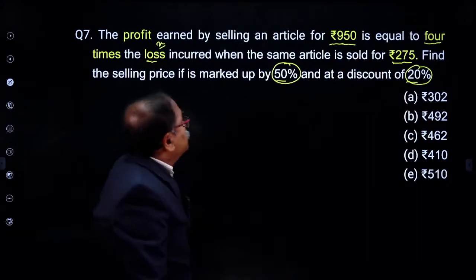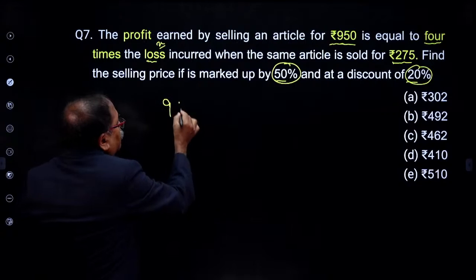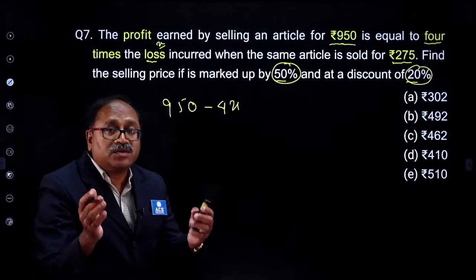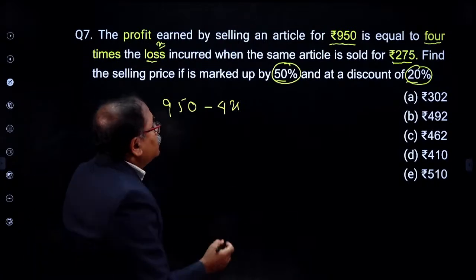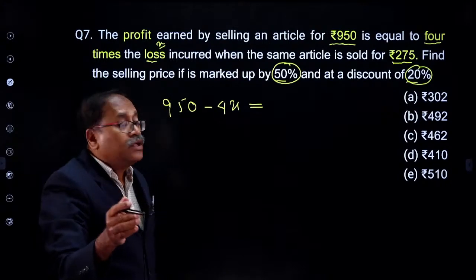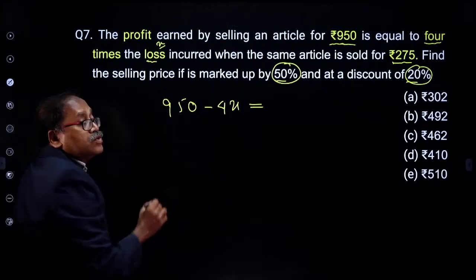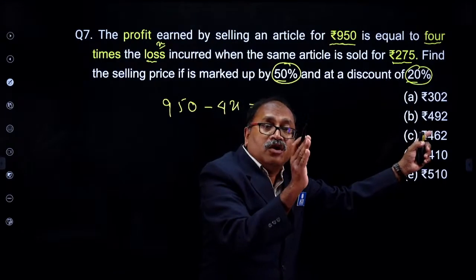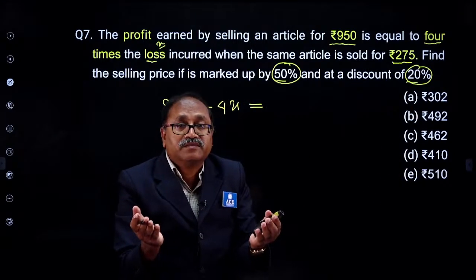So the selling price is 950, and from here take out the 4x profit. This is your cost price. And in the same way, by selling for rupees 275, there is a loss of X rupees. So in this selling price, if I add the loss, I will get the cost price.